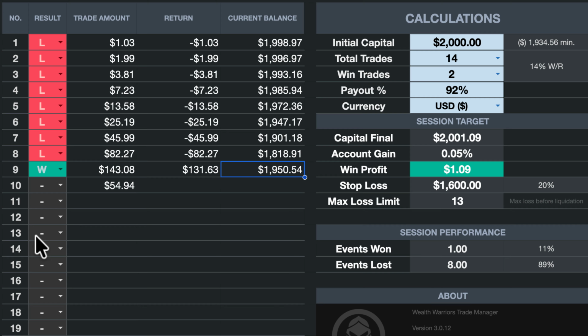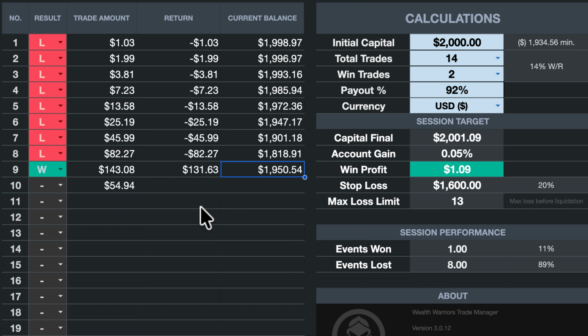So here's what I would do. I wouldn't go all the way to 14 and try to push this, trying to win 2 trades after I've already lost 8 trades in a row, trying to win 2 out of 14. No way, Jose. Ain't going to happen. So what I'm going to do is take that 1,950 and call it a wrap, call it a day for this session.